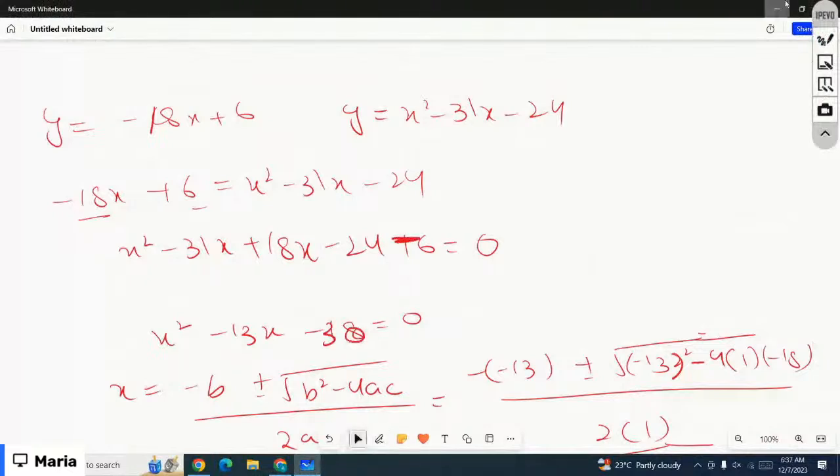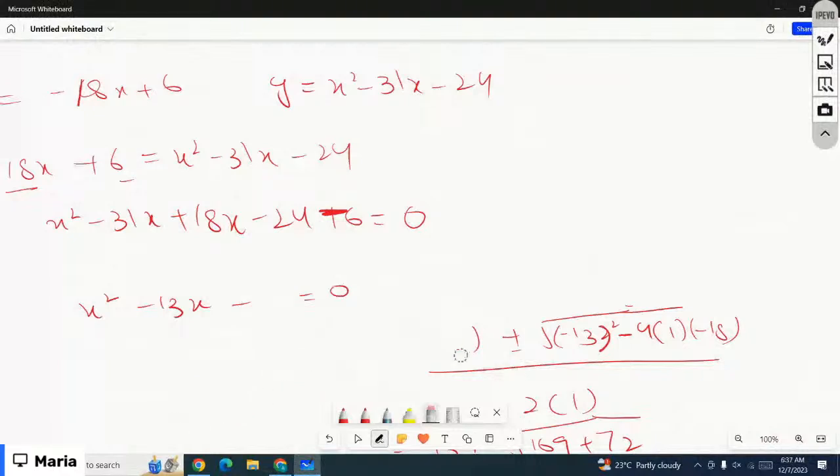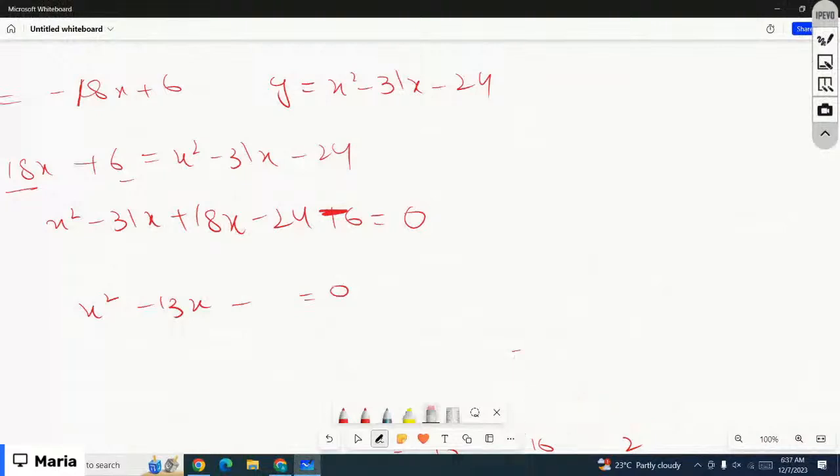Let's just hold on. Okay, here you have, sorry, here you have negative 30, right? So you can factor the equation. 10 times 3 is 30, right? X square minus 10x minus 3x minus 30 equals 0.